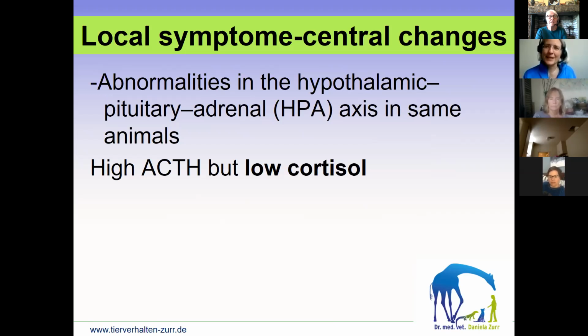So we expect that it's high in chronically stressed animals, but actually at a certain point, the adrenal gland is kind of breaking down and cannot produce enough cortisol anymore, because it was doing that for such a long period of time.